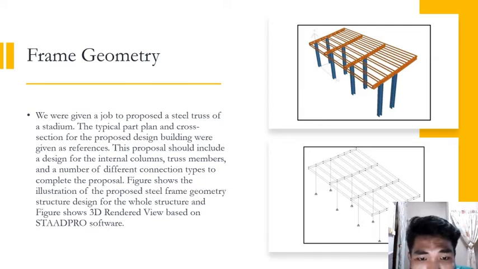The figure illustrates the proposed steel frame geometry structure design for the whole structure, and the figure shows a 3D rendered view based on the STEP Pro software. We can see the two figures.